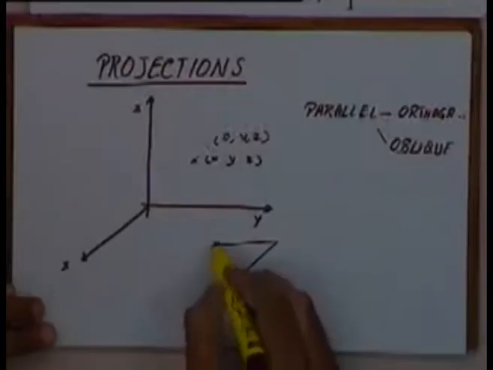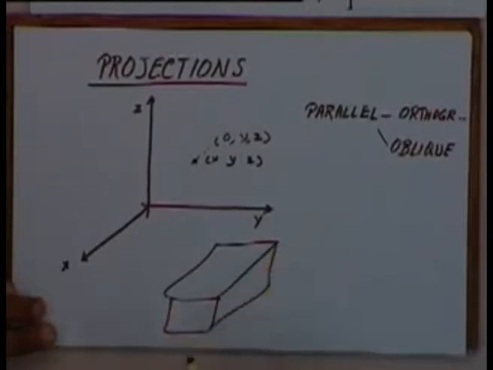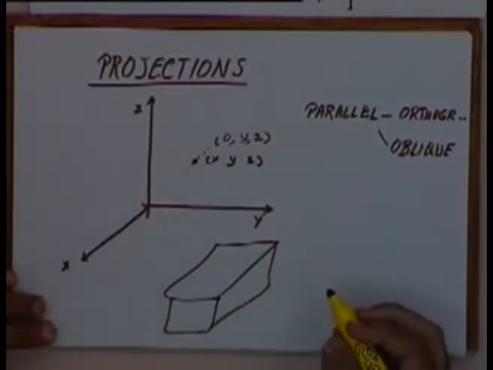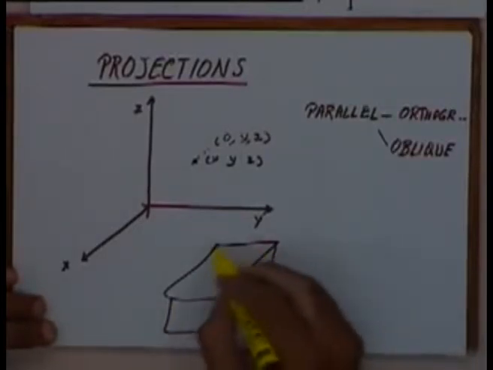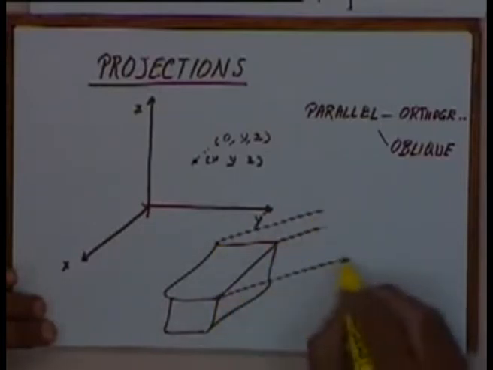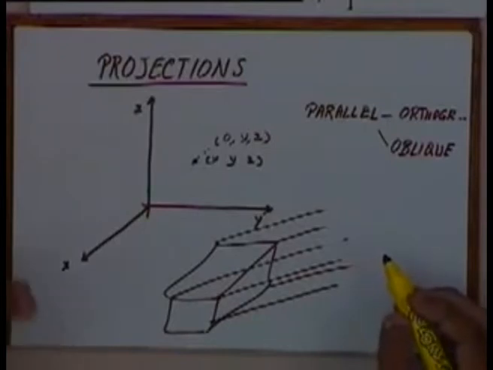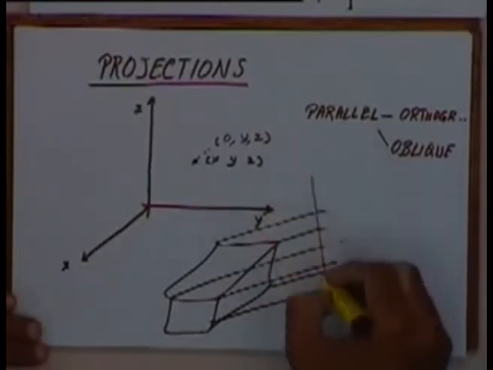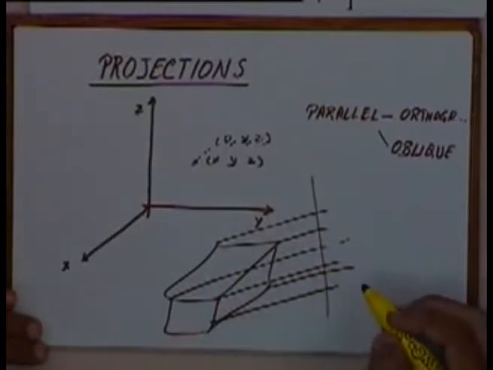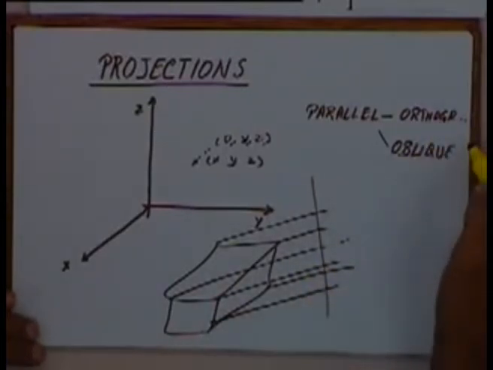If you have any object, let's take a simple block like this, and I take parallel rays from it for the sake of projection in any direction, and my projecting plane is taken perpendicular to it, then I get orthographic views.